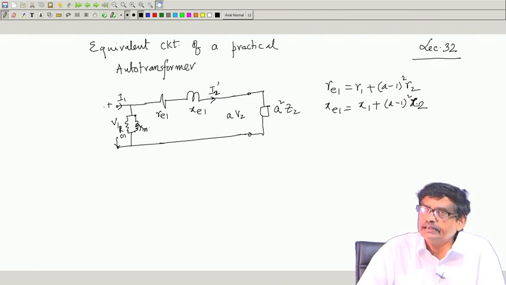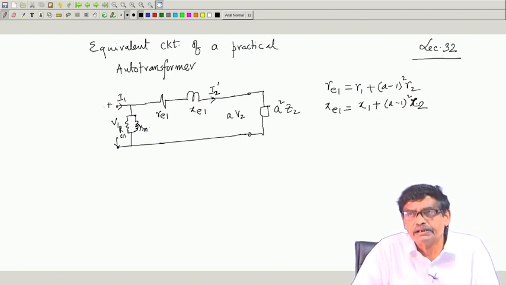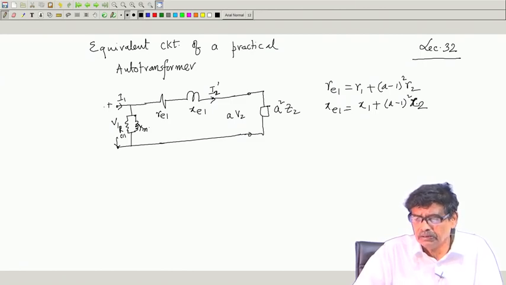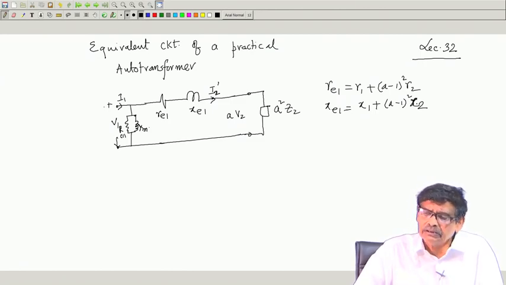Although you can change the level of voltage from one level to another for any ratios, theoretically it is possible, but there are some advantages of auto transformer when the voltage ratios are not differing too much, then you choose auto transformer.